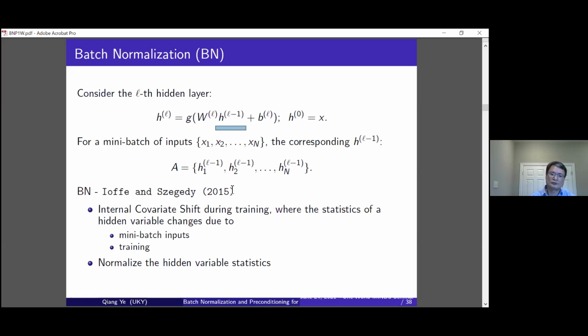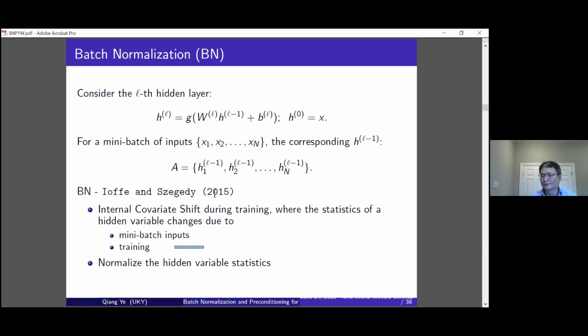This is called internal covariate shift, and they believe it slows down training. That's one reason for the covariate shift, but the training itself also causes it. When you train, you change the weights and biases, and for deep neural networks a slight change at the early layers will create a large change at the later layers.